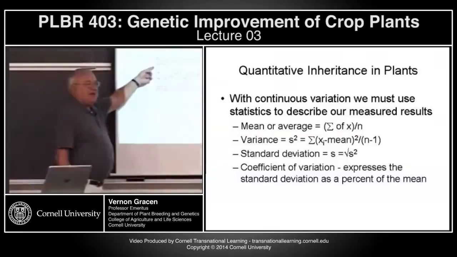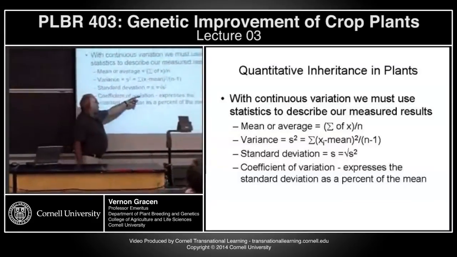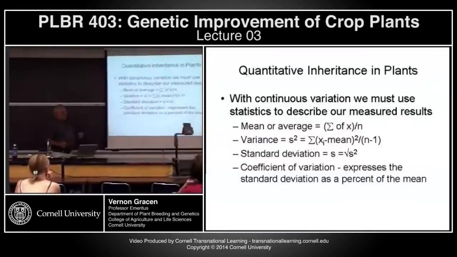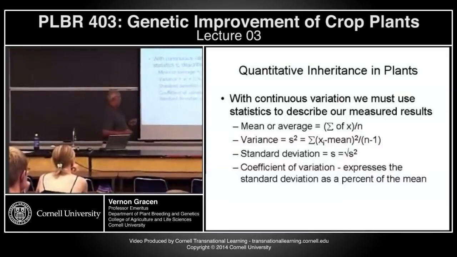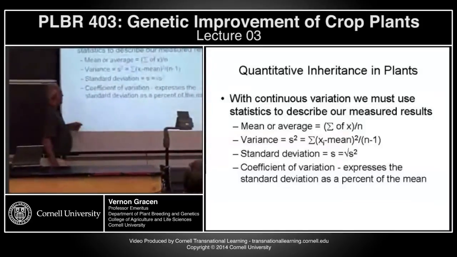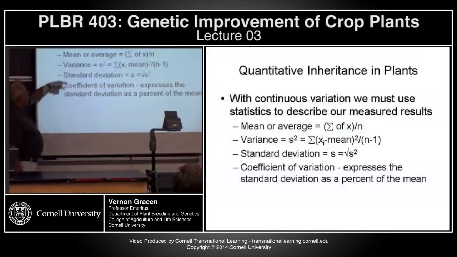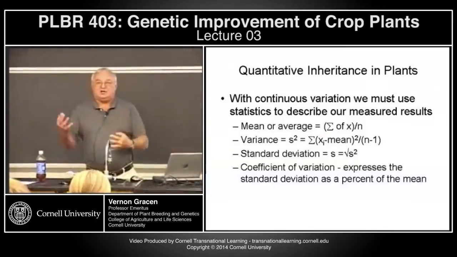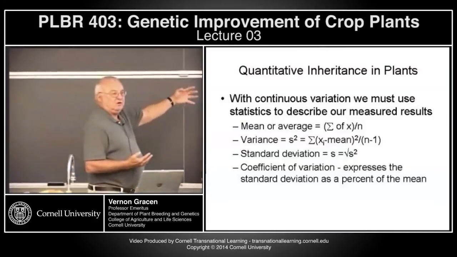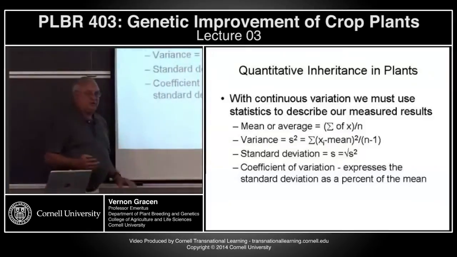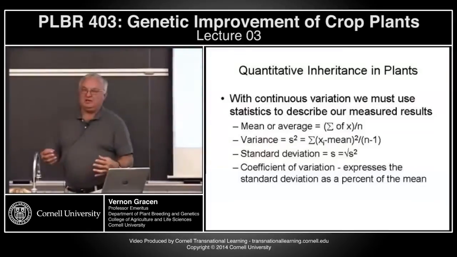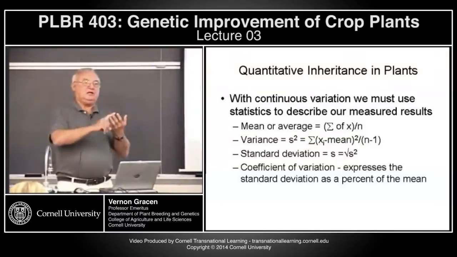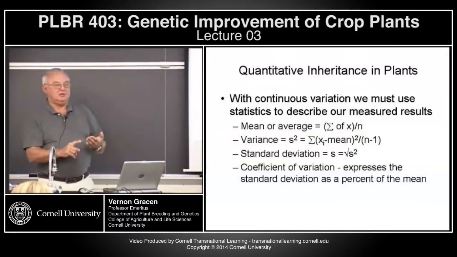And then it's divided by the number of individuals in the population minus 1. And the standard deviation just takes the square root of that variance to get us back down to a standard number instead of the squares. And the coefficient of variation expresses that standard deviation as a percent of the mean. So basically, if you know those 4 factors, you can calculate the variation, the heritability, the expected gain through cycles of selection.